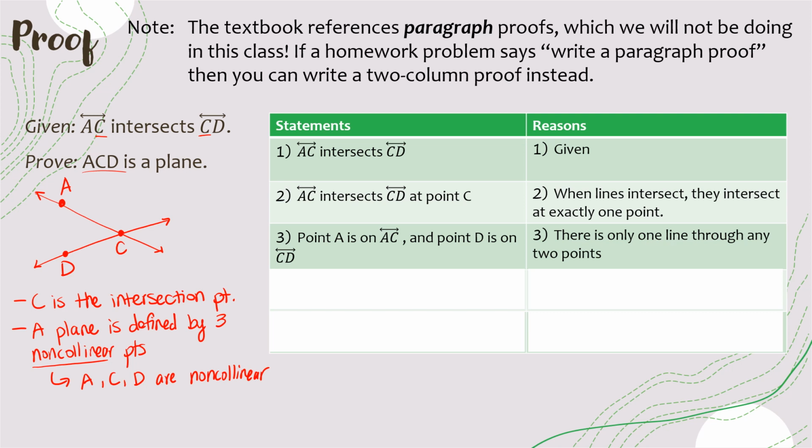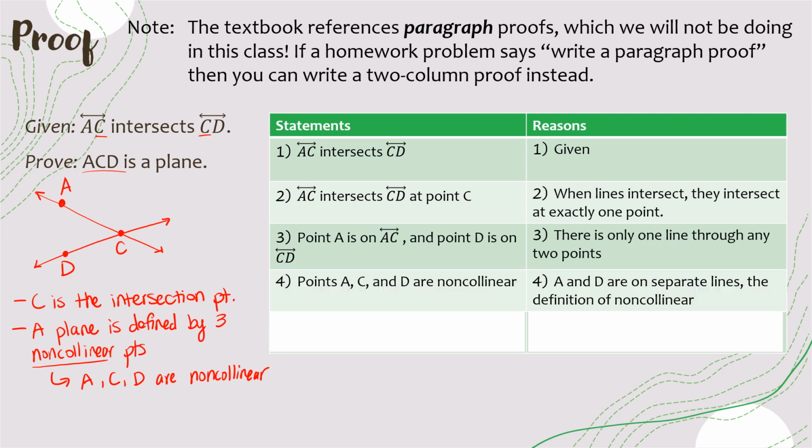So we've established in step 3 that A and D are on separate lines, and in step 2 we mentioned that their intersection is C. So we've mentioned all these points. Well, as a group, I think we're ready to say those 3 points, A, C, and D, are non-collinear.